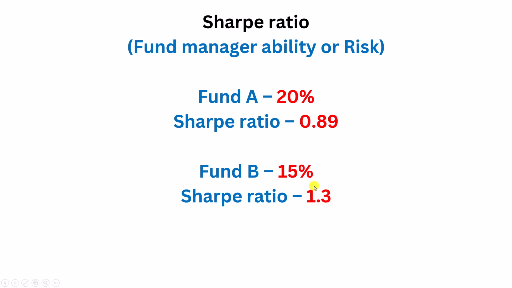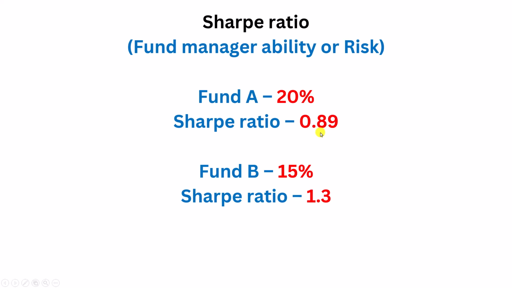Okay, per unit of risk taken, this mutual fund has capacity to give higher return. You can infer this when you compare the Sharpe ratios of two mutual funds. Alright, by only looking at this or this, you cannot figure out what it is.